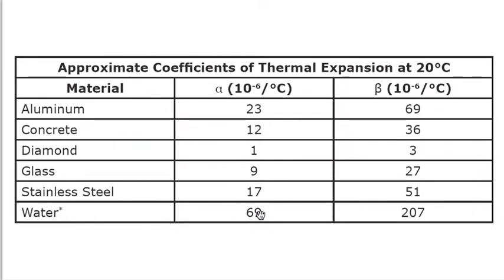The water is going to be increasing more than all the other substances. And after that one, this aluminum is going to be also increasing a lot more than all the other guys. And the diamond is going to be the one that stays pretty much at the same length or volume.